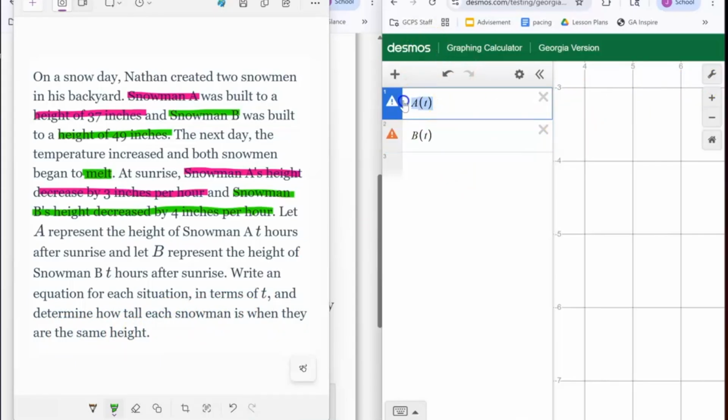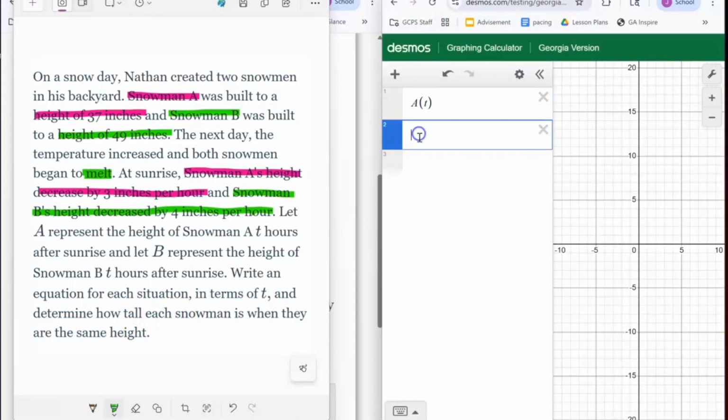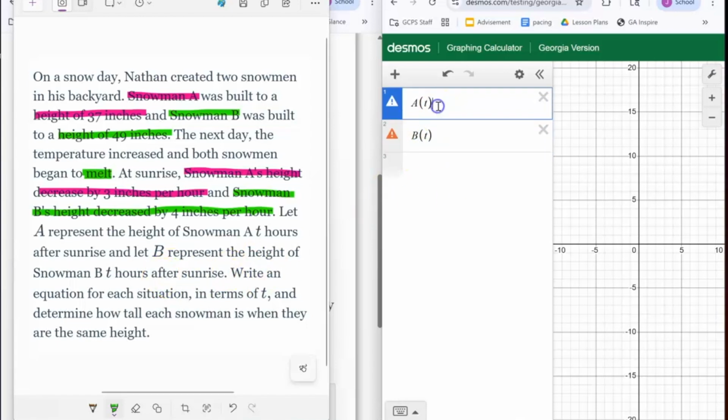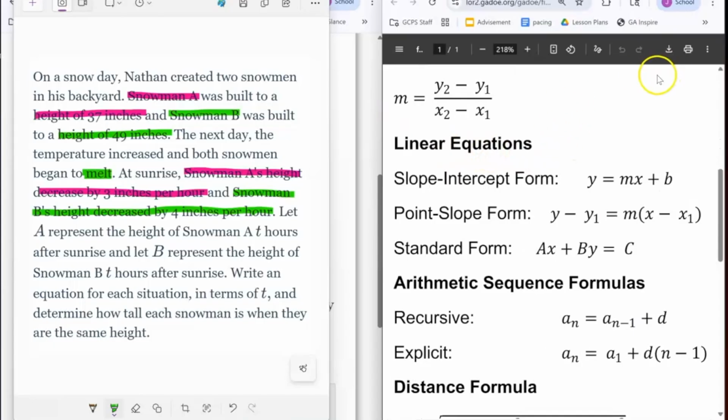I'm going to reset my calculator because I forgot this is on the last question. So give me a second. So snowman A and snowman B. All right, so I need to write a function or an equation for snowman A. So remember, when you are writing a linear function, you have y is equal to mx plus b, where m is slope, or the number that keeps happening every something, every hour, every day, every month, every year.